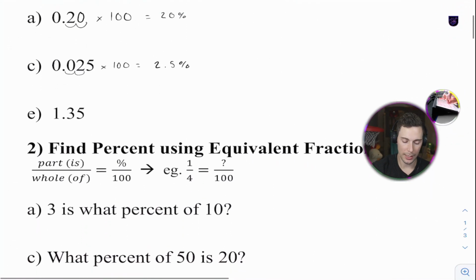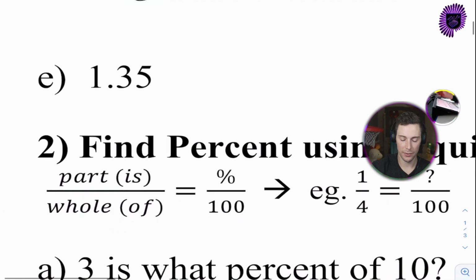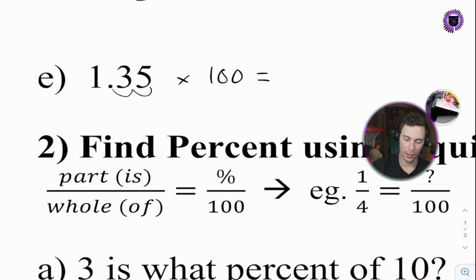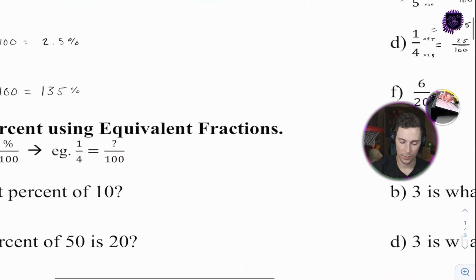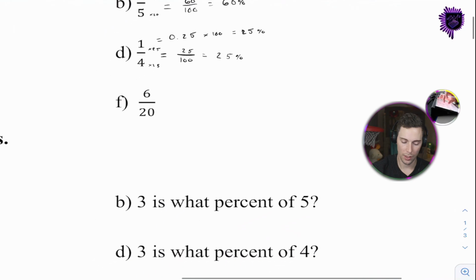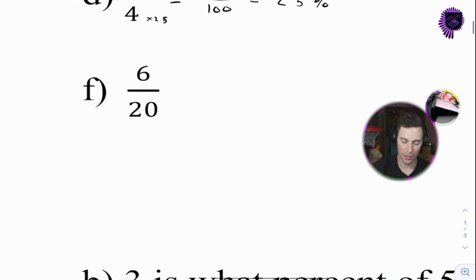Question 1E. Now 1E is 1.35. It has the placeholders we need. We just need to move that decimal over 2 places, 1, 2, and that's going to give us 135%. Question 1F, 6/20.